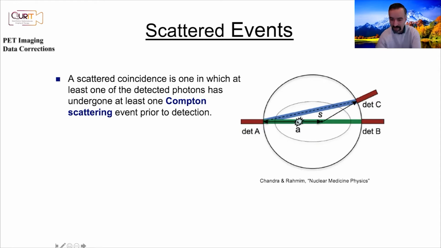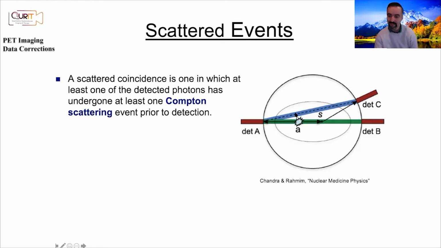So please notice, this event has actually now been attenuated. This event was supposed to be detected, but it wasn't because there was scattering on the way to detection. So this event was lost, and that is attenuation and the need for attenuation correction. So along this line of response, we have lost stuff, so we have to correct for it.